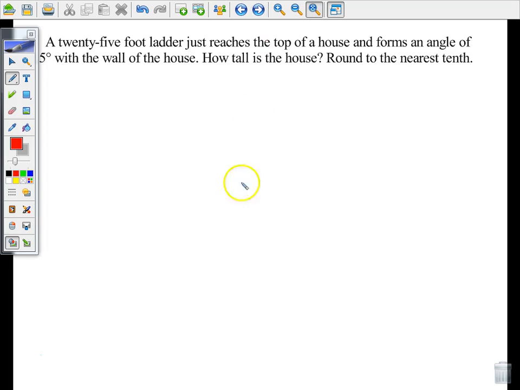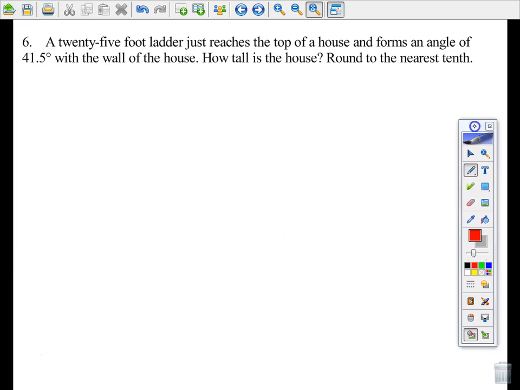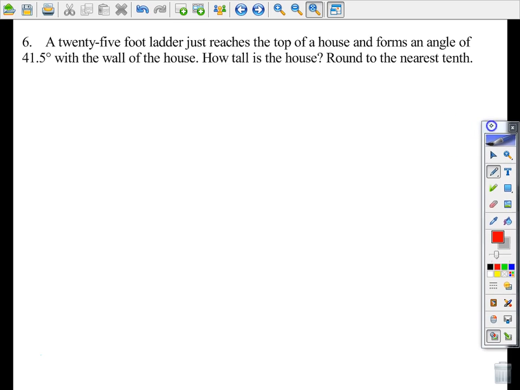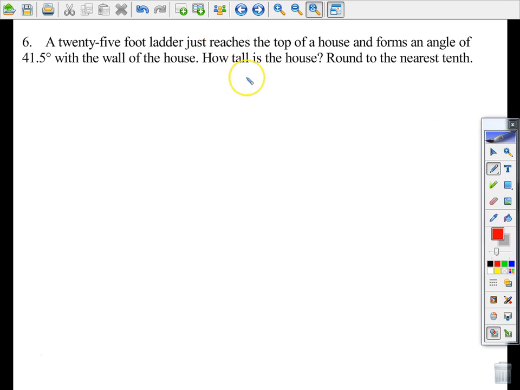Okay, let's work on this word problem number 6. And I always recommend that you sketch out this right triangle that's being formed with the ladder and the wall of the house. Okay. So we have this 25-foot ladder that just reaches the top of a house.